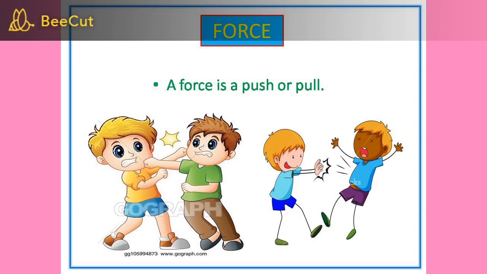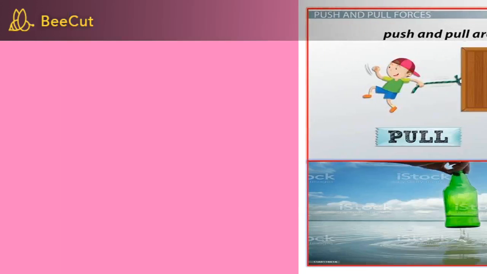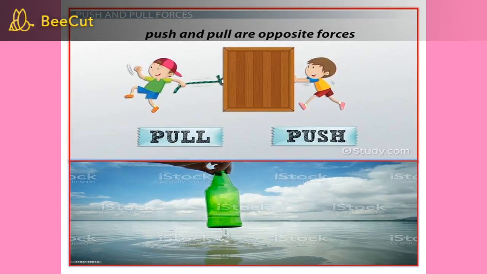How does a goalkeeper stop a ball? You can see that in all these situations the ball is either made to move faster or slower, or its direction of motion is changed.